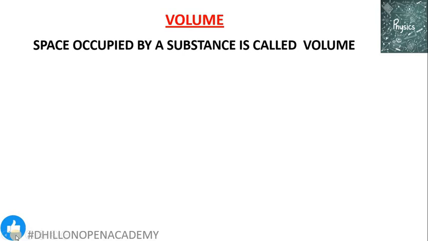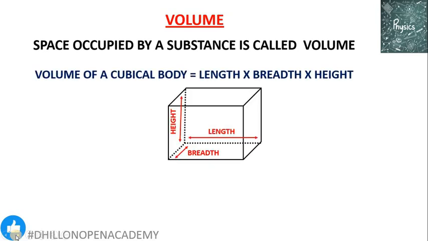So this 5 liter of petrol or diesel or 1 liter, 2 liter of milk is related with the physical quantity which we call the volume of a substance. Volume of a substance is nothing but the space occupied by a substance.